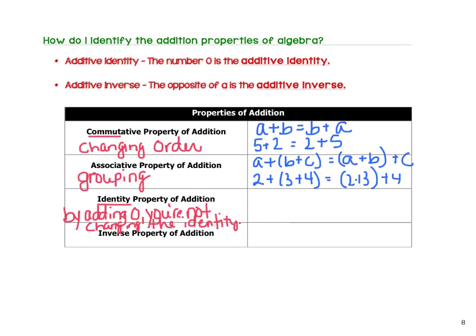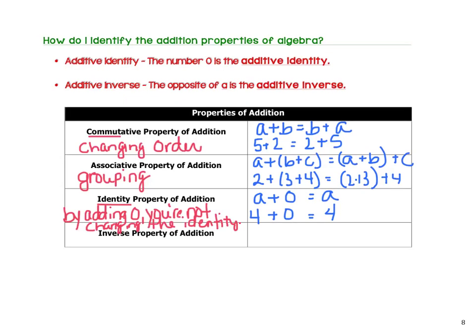All right, so for example, I could have A plus 0, and that's going to be still equal to A. So I could have 4 plus 0, and that's going to be equal to 4. I did not change who it is. It started out with 4, and I still have 4.